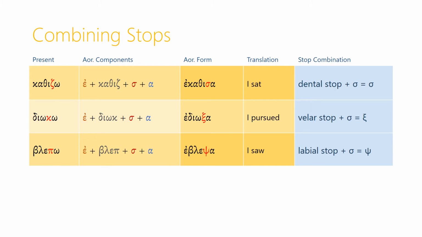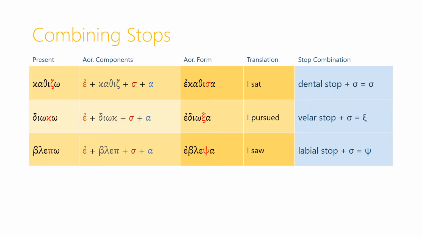Well, because zeta actually, for these purposes, acts as if it were a dental stop. In addition to the tau, the delta, and the theta, we have to include also the zeta and sigma as well. Because when any of these consonants comes before the sigma tense marker, it's absorbed and all we have is a single sigma. So kathidzo becomes ekathisa.